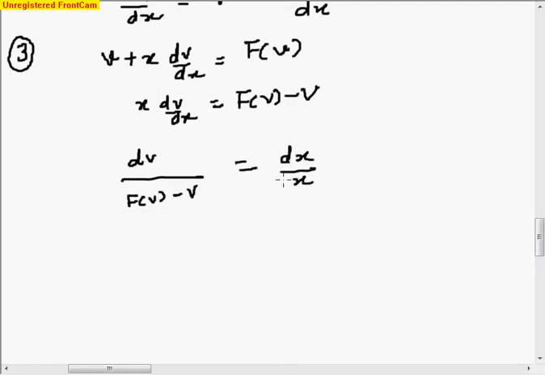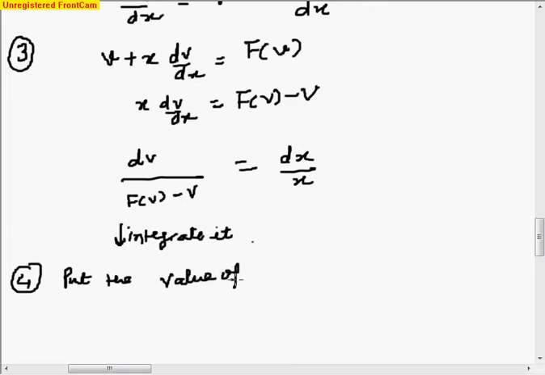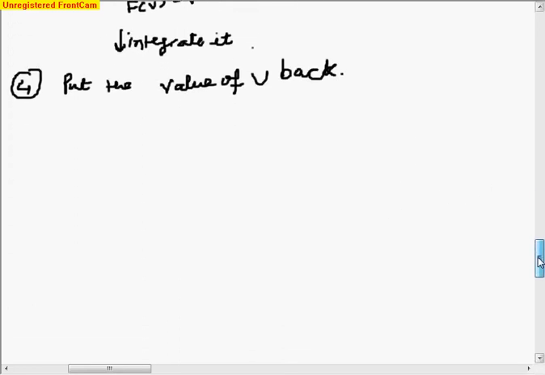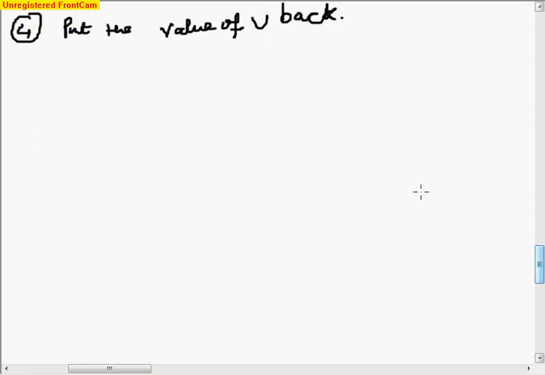Now I can integrate this equation. The final step is to put the value of v back. Let us solve one or two examples to have more clarity about homogeneous differential equations.